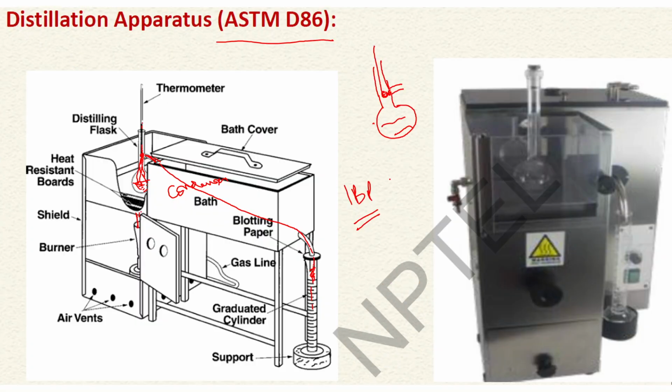After the whole crude oil is evaporated, the temperature on the thermometer is measured, which is the final boiling point. A graph of percentage volume distilled against temperature is plotted using this distillation apparatus.